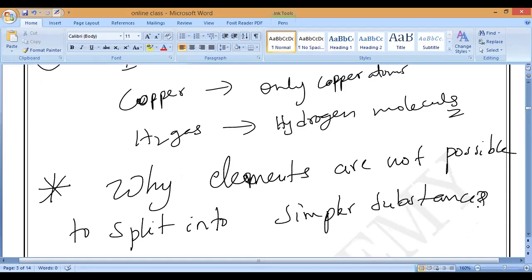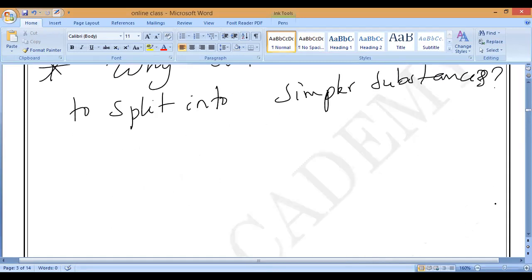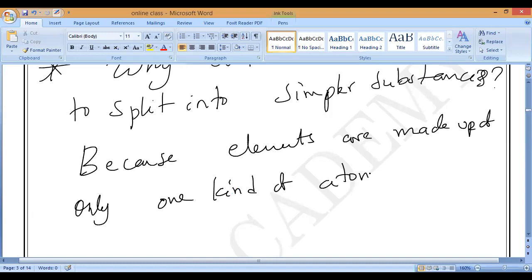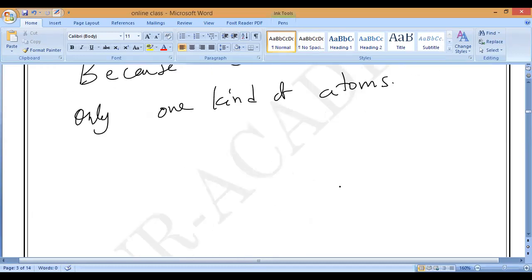Because all the elements are made up of only one kind of atoms. So that is why, because of this, we can say the definition of elements.